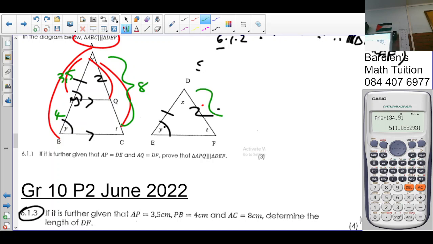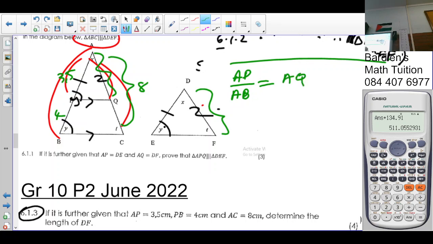Now DF is the same as AQ. So I'm going to go with AQ first. From the previous ratios we know that AP over AB is equal to AQ over AC. Why?